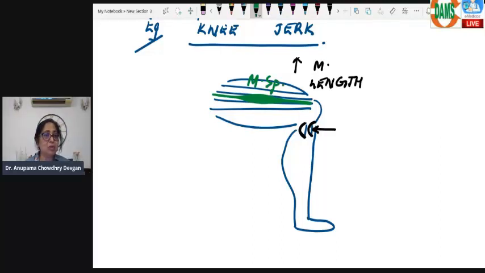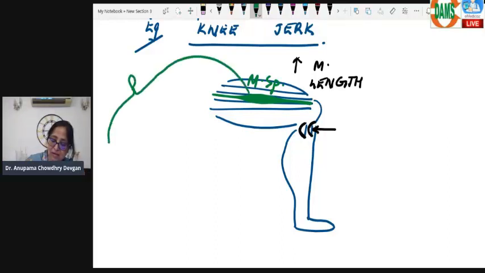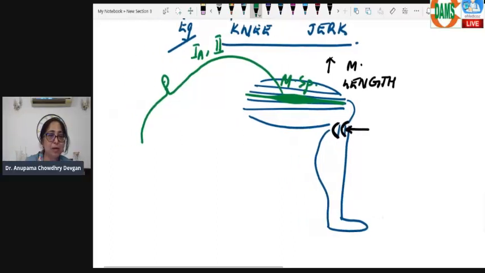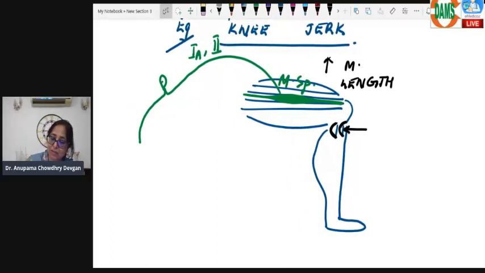Muscle spindles are receptors for muscle length. When the muscle gets stretched, the muscle spindle will also get stretched. The sensory fibers from the muscle spindle, which I have already discussed with you, are 1A and 2, annulospiral and the flower spray ending.